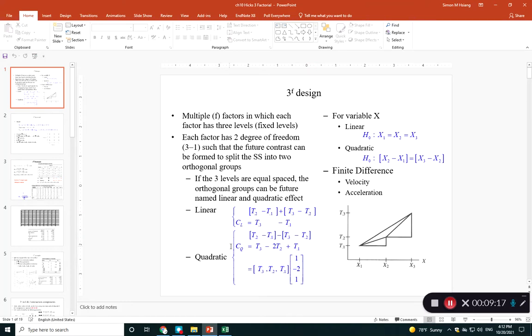And then what is the quadratic effect? The quadratic effect really is the acceleration effect. It's the rate of change of velocity. And so it's 3, beginning minus the end, minus 2, beginning plus the end, 3 plus 2 minus 2 in the middle. Okay? And you can write it in a vector form, like this.